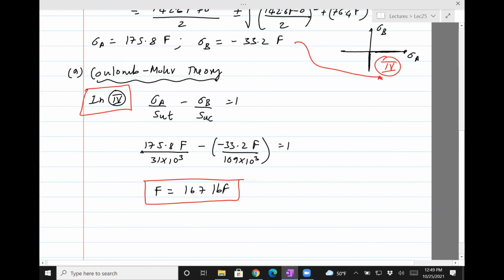Okay, so I'm almost done. So now let's apply the modified Mohr theory.